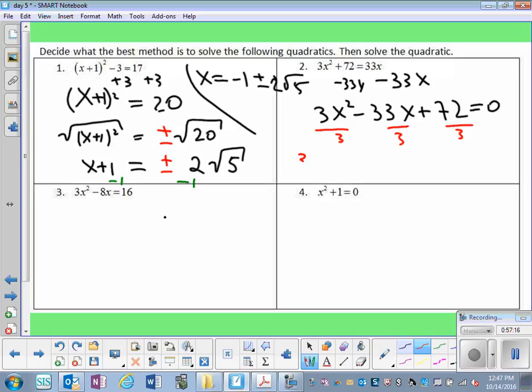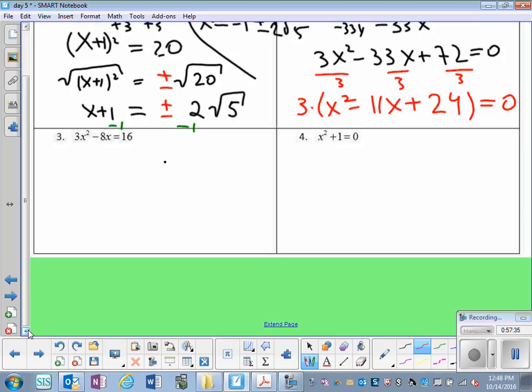Okay, so 3 times x squared minus 11x plus what? 72 divided by 3? Like 24 or something? Equals 0. Now what do I do? How do I factor this trinomial? What do I use?